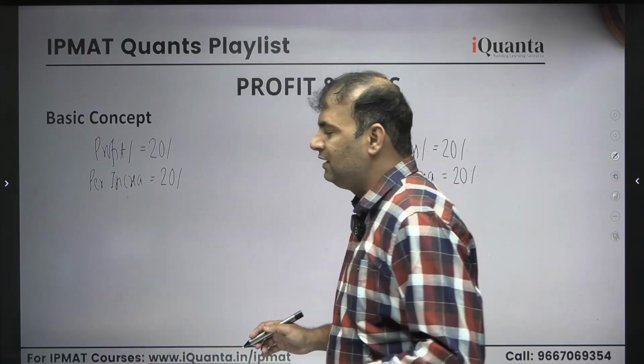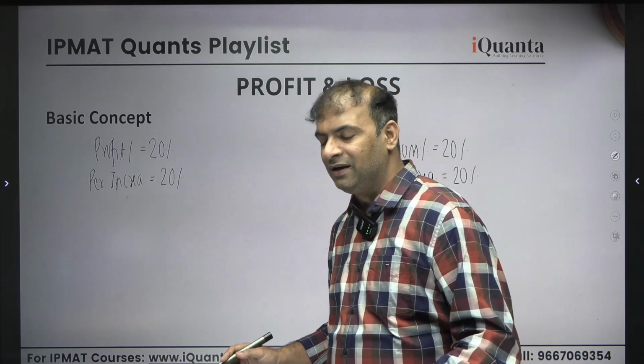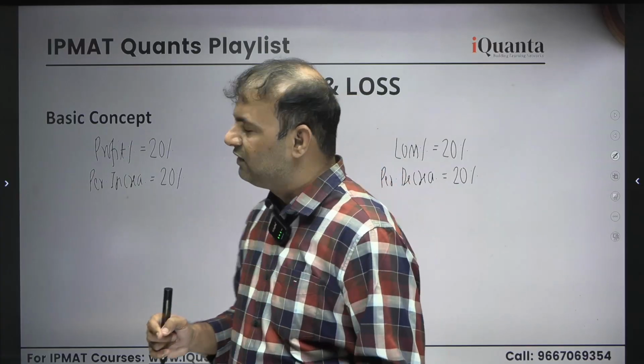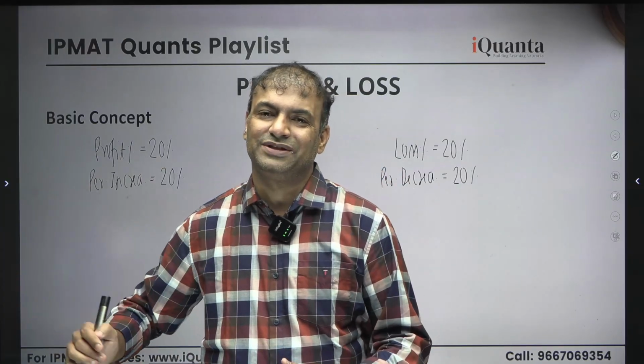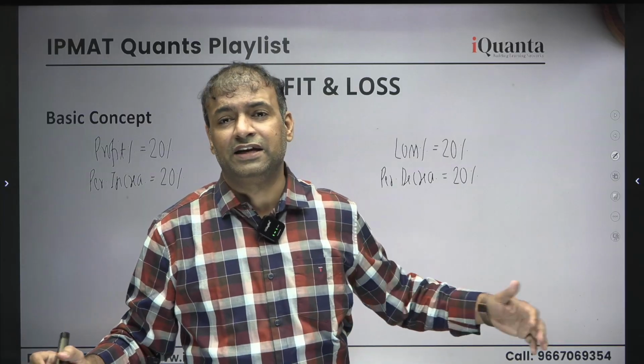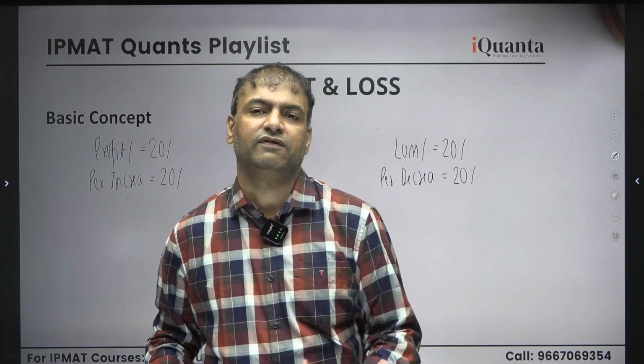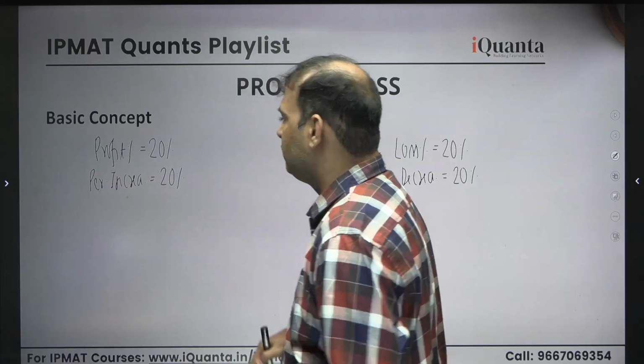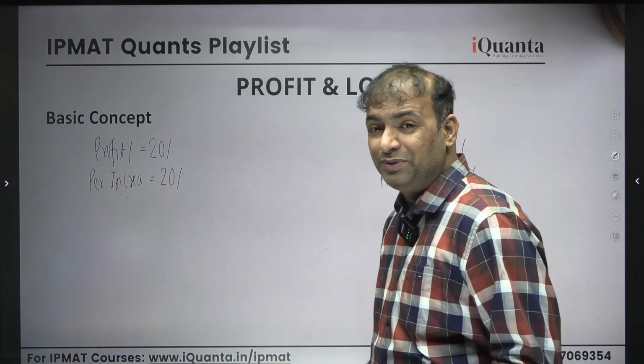So what will be the relation between the initial and final values? I'm sure you all remember, we studied this in the case of percentage change in the percentage chapter. If percentage increase or percentage decrease is given, then how do we make a relation between the initial and final values? So guys, 20% we all know is 1/5, right? So what should be the multiplication factor?